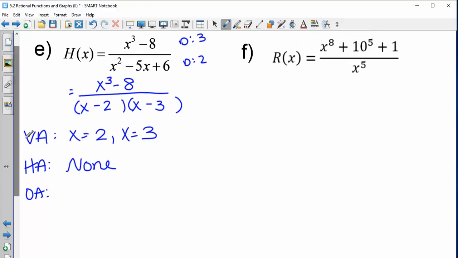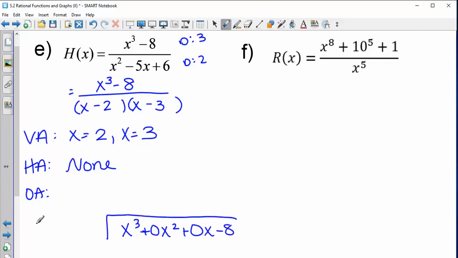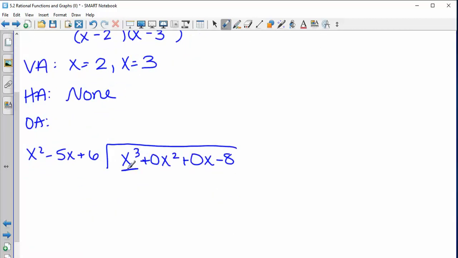So we have to do long division. x cubed minus 8 goes on the inside. If you need to, you can put some zeros. You don't have to, it just helps hold your place. And x squared minus 5x plus 6 goes on the outside. So x cubed divided by x squared.